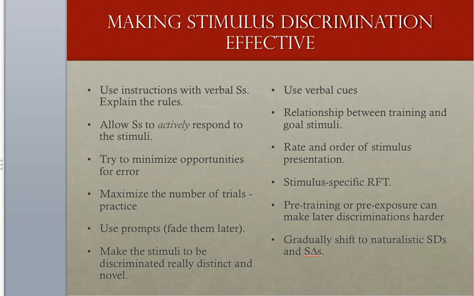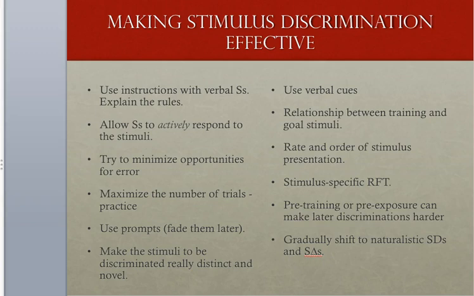One of the ways you can help is to make the stimuli that they're going to be working on really distinctive and novel and different from each other, so that they're easy to tell apart. If you have to exaggerate their difference initially, you can do that, and then you can fade back to the more naturalistic stimuli that they would encounter in the real world.